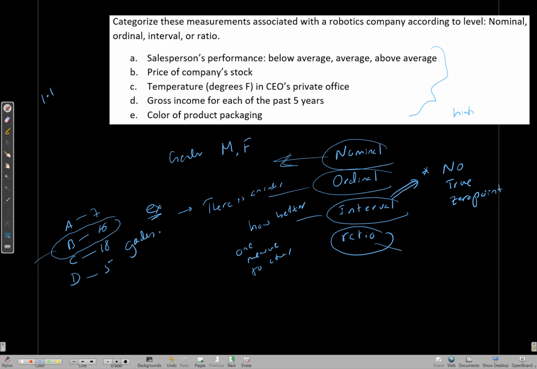Ratio, yes, you can compare, and as well there is a 0 point.